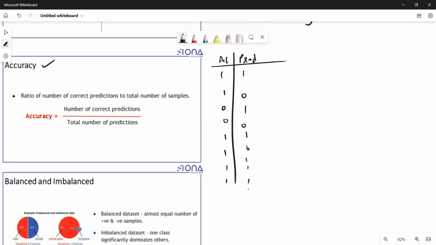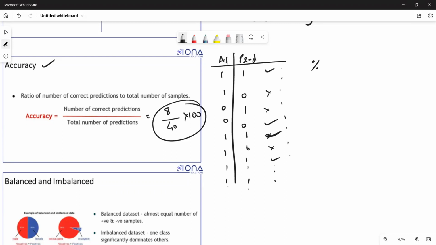So there are few places where we are right, and there are few places where we are wrong, and so on. So the easiest thing we can do is to find out the percentage of places where we are right. Let's say we count all the number of places where we are right. Let's say we have about 8 places we are right, and out of, let's say, 40. So what we do is we take the percentage of this. So this is nothing but accuracy.